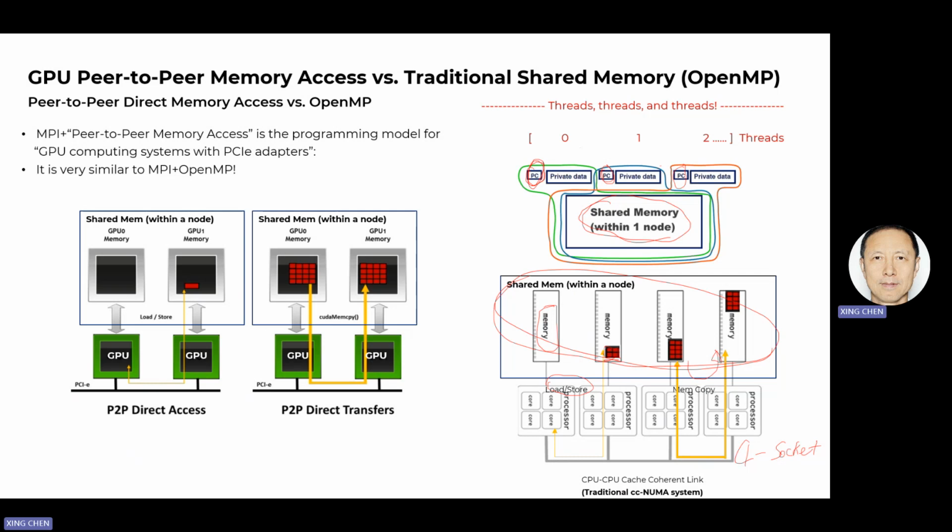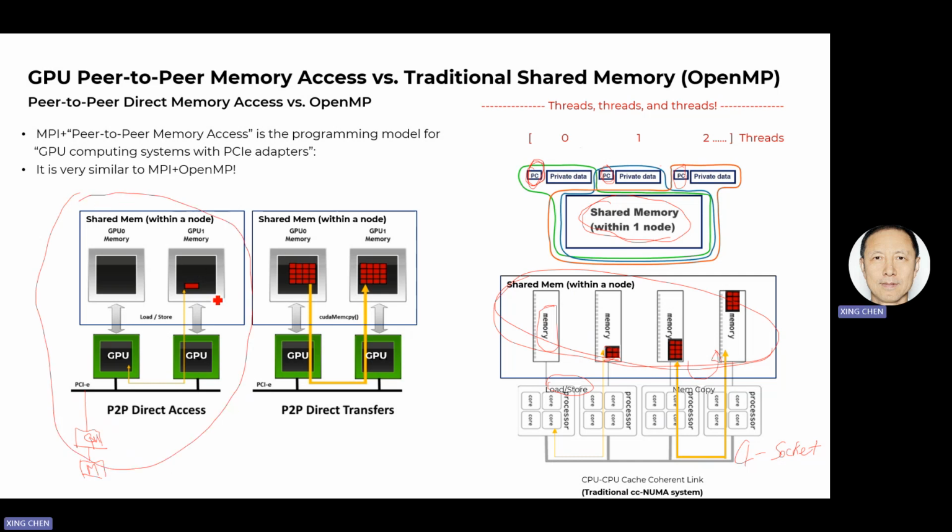Now, let's have a look at this kind of system. You have a node, connected with a CPU, and then you have a memory connected to the CPU. And then you have multiple GPUs connected to the node. This is just one node.